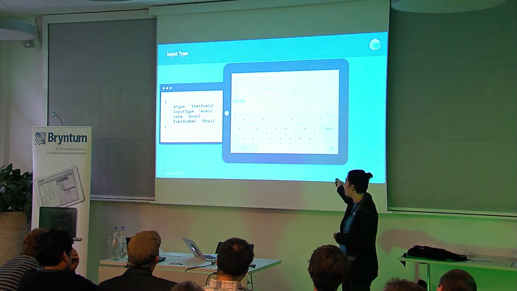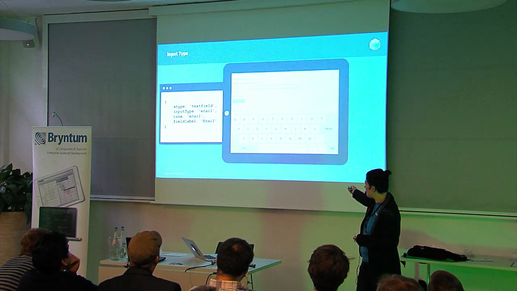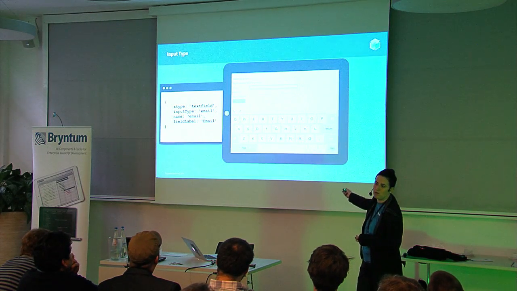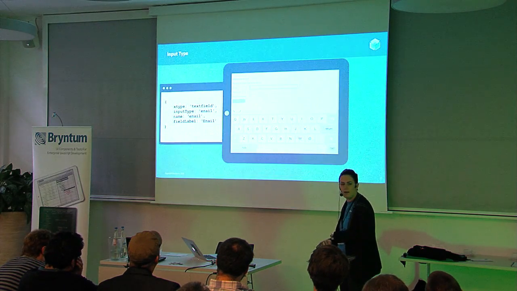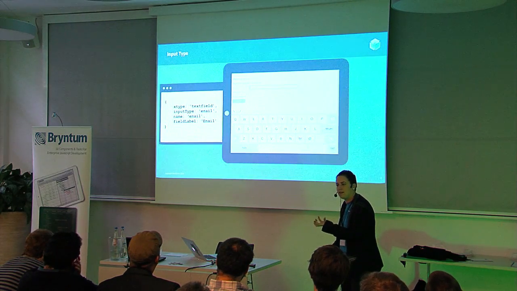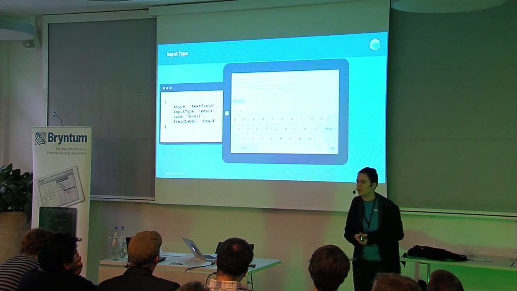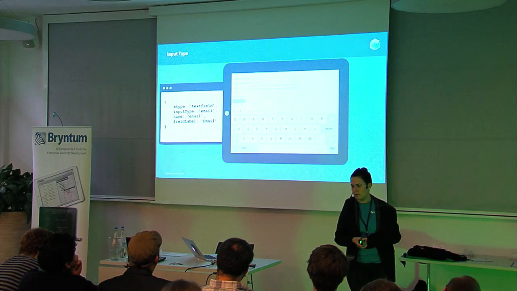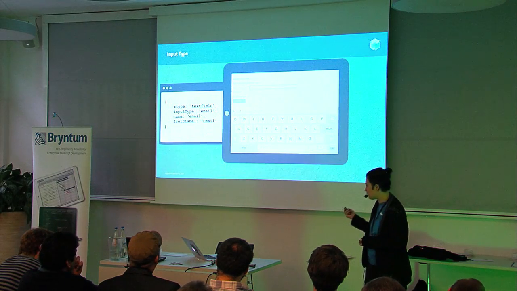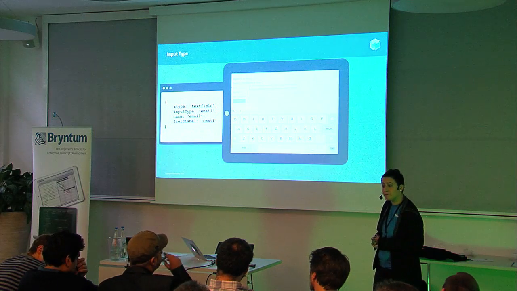And now if I open my application on a tablet, on iPad, then I get the email keyboard. I could also set the type to date or datetime, and then I get the native date picker. I think that only works for iOS. I don't think that works for Android. On other devices, maybe on the Windows Phone, it might work, but it won't work on Android for datetime right now.